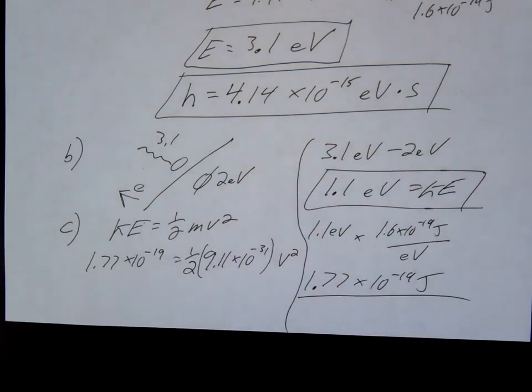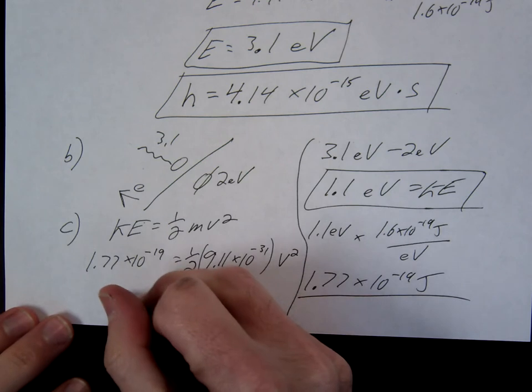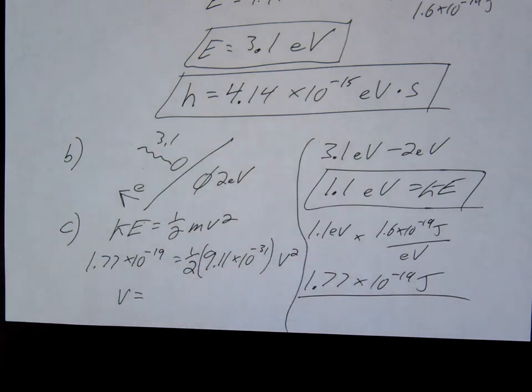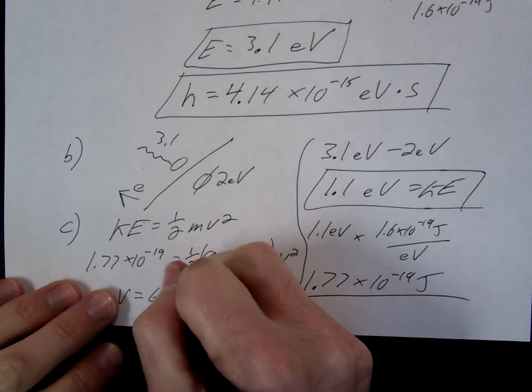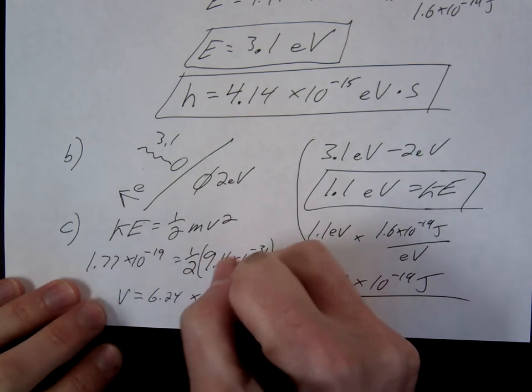Okay, a single electron is 9.11 times 10 to the negative 31st. Let's calculate our velocity. Hopefully it's less than the speed of light. How fast did you get? Did you say 10 to the 5th?